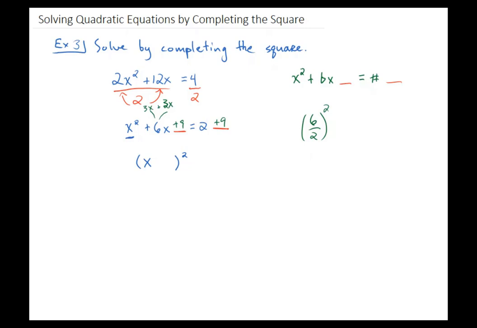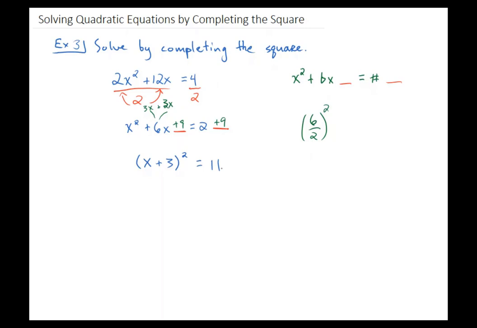So that's how I'm getting that guaranteed first term to be an x. Okay, and then after that we got the second term by taking half of the linear term's coefficient. So in this case it's half of 6, and that's going to be a plus 3. So that's what we have on the left side. On the right side we just do the math, and that would give us an 11, I think.